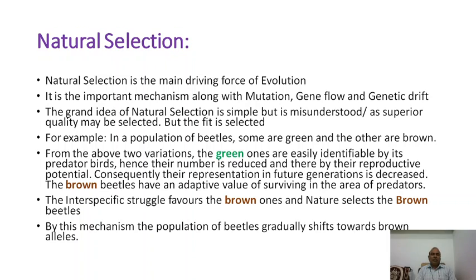Many forces of evolution are there, as we discussed. Mutation is the method of formation of new variations. Gene flow occurs between two populations by means of migrating individuals. If gene flow is prevented, then the two populations emerge into different characters because they receive mutations in a different manner.